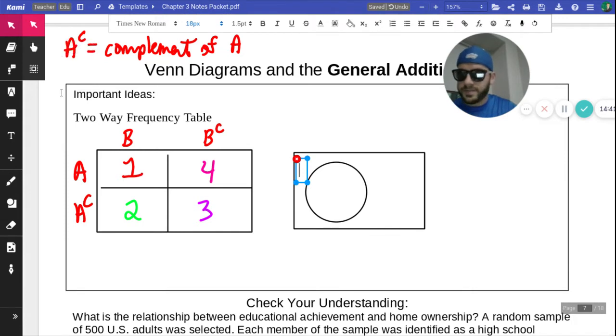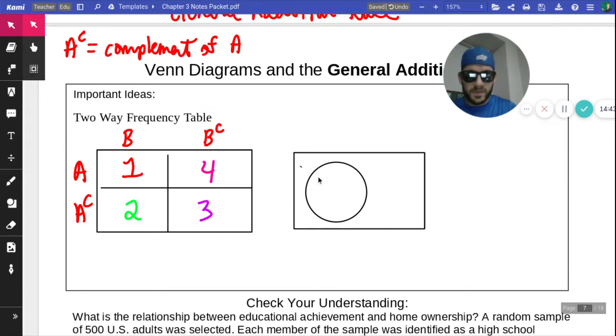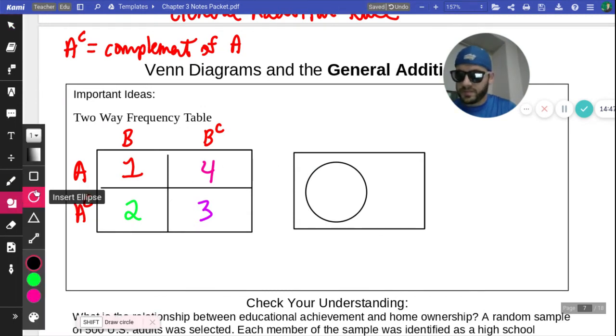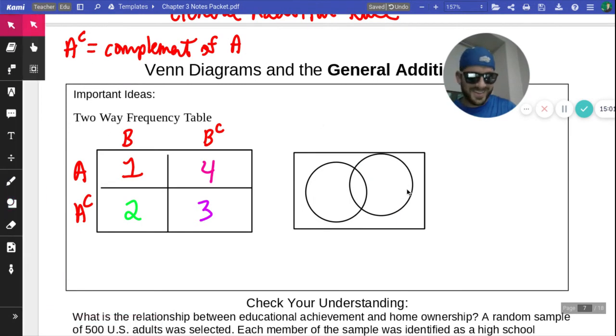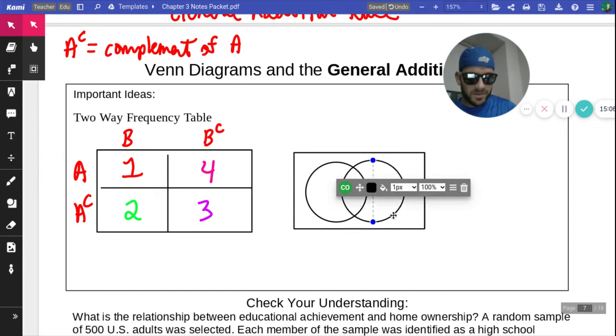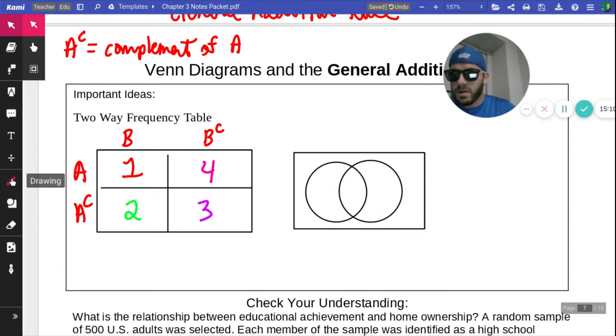That's not what I wanted to do. Now I have a random thing there. I'm going to cut all this out. Just drawing circles. All right, 3, 2, 1.